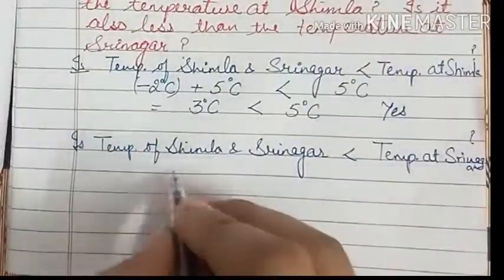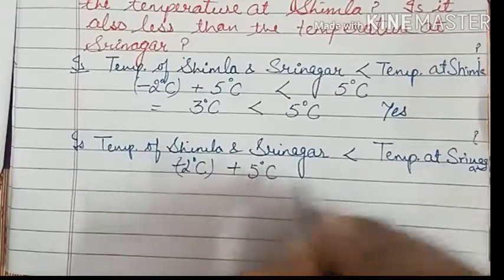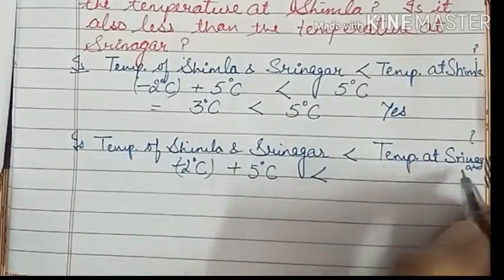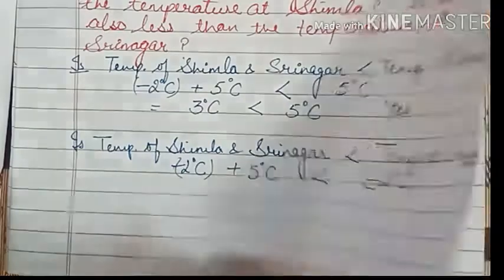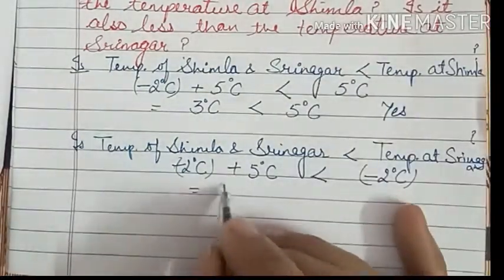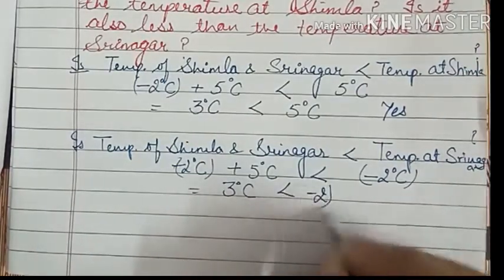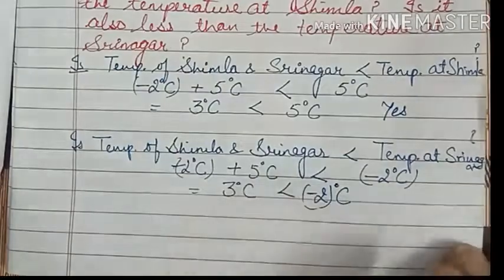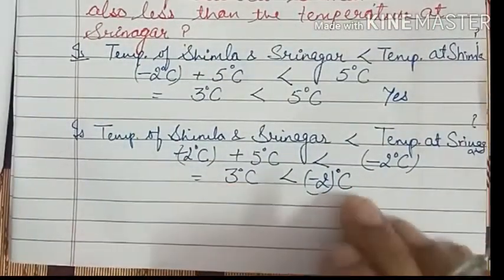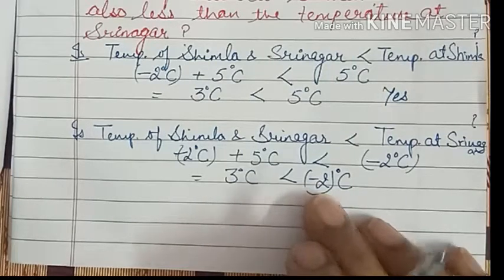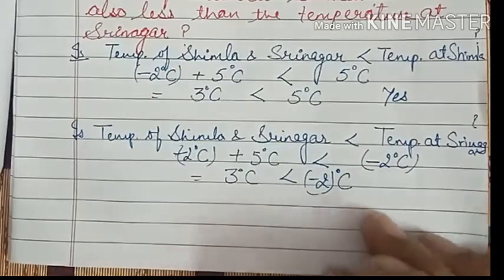For that we will add same way minus 2 degrees Celsius plus 5 degrees Celsius, and this side temperature at Srinagar is minus 2 degree Celsius. So if we will subtract, it will come 3 degree Celsius. So it is minus 2 degree Celsius. So 3 is positive integer and minus 2 is negative integer. So positive integer can never be less than the negative integer.